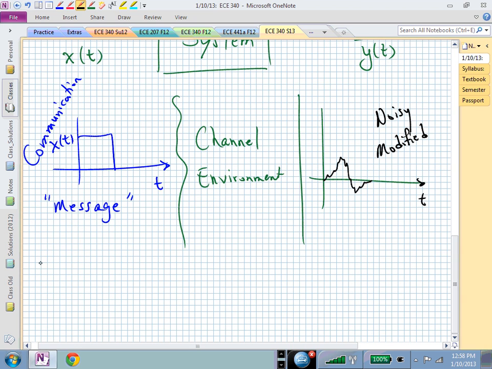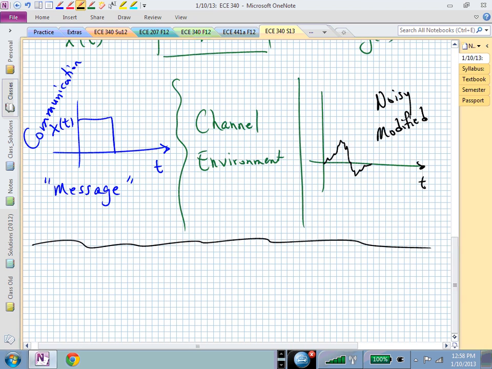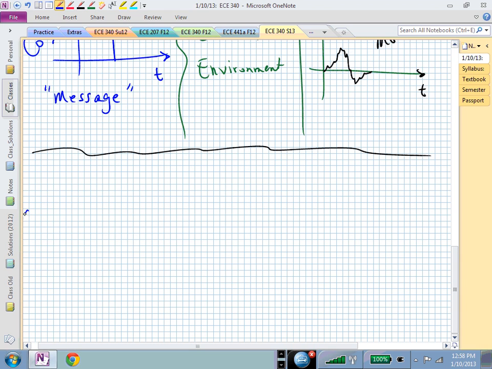So let me now try to do a line with the same idea, but now for control purposes. The input signal might look like that. That's now potentially a command.